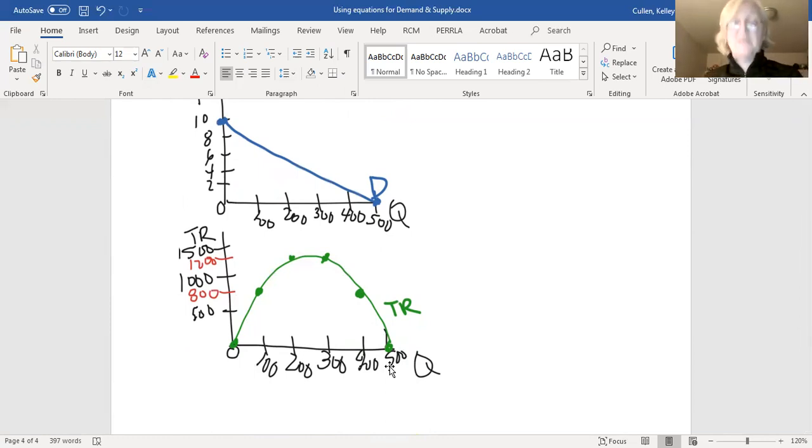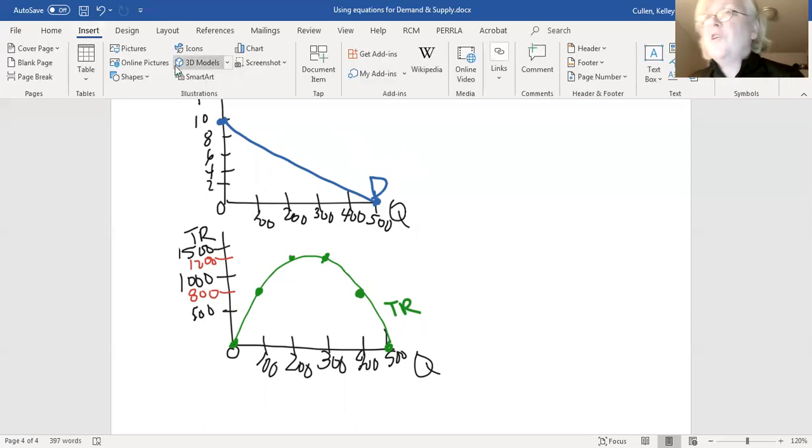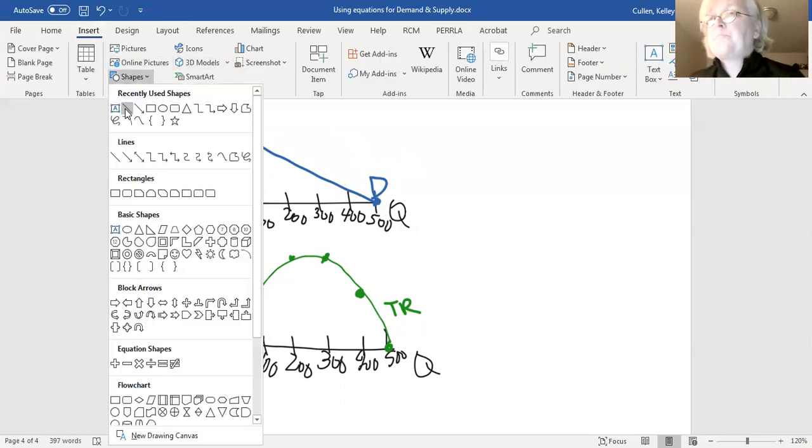The cool thing is, a lot like the previous lecture, hint, hint, go back and watch the previous lecture. You can add in what you know about elasticity. And what you know is that, let me see if I can do it. Insert, shape, let me do a straight line.